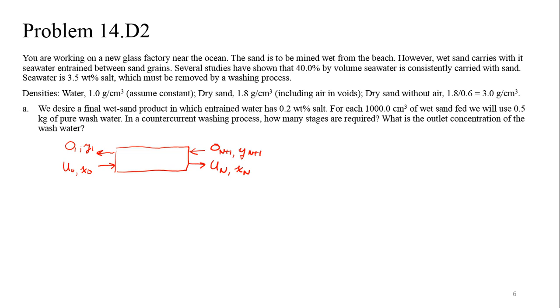So where do we go to from here? In order to evaluate this problem, we could do this two ways. We could do McCabe-Thiele, or we could do a Kremser method for this. Let's start with McCabe-Thiele, to begin with. So right off the bat, with this washing system, what do we know about equilibrium?